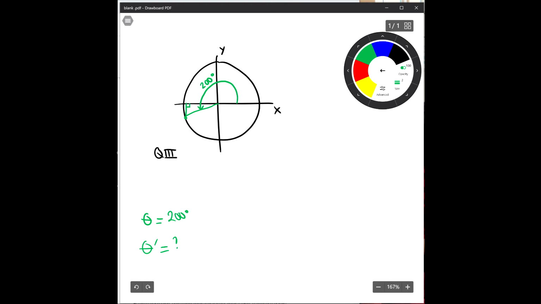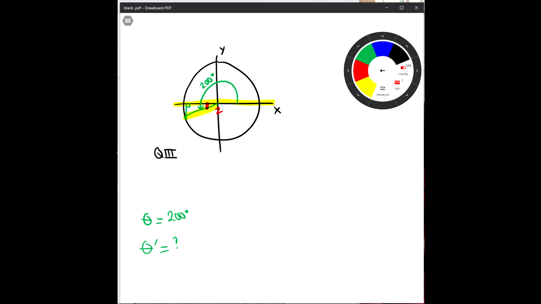Then I will highlight the terminal side of the original angle and the x-axis. Now I know I have two angles formed by the x-axis and the terminal side of the original angle. I have angle 1 and angle 2. So which one should I choose?